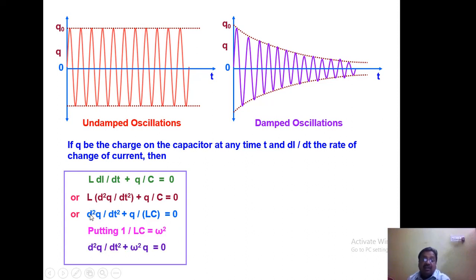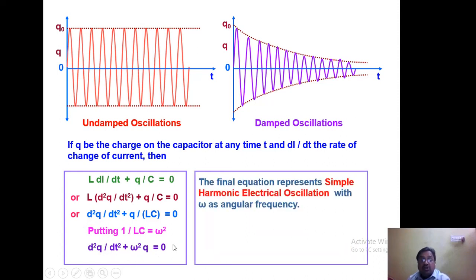So finally the equation reduces to d square q by dt square plus omega square q equals 0. This final equation represents an equation of simple harmonic motion. So definitely the LC circuit executes simple harmonic oscillation with frequency omega given by 1 by square root of LC.